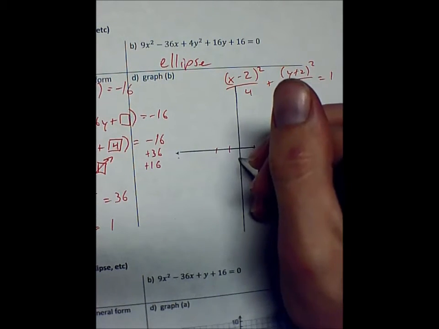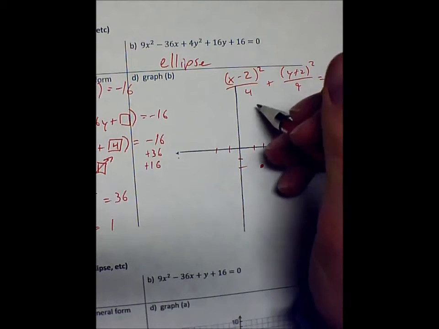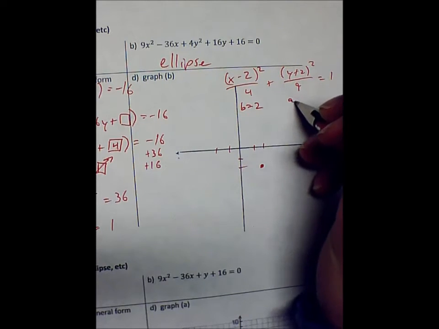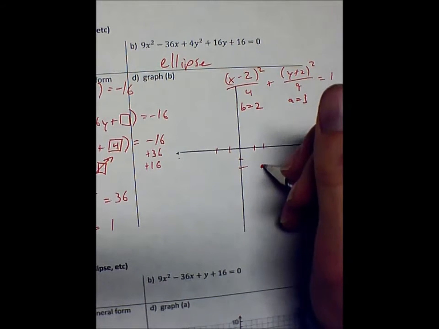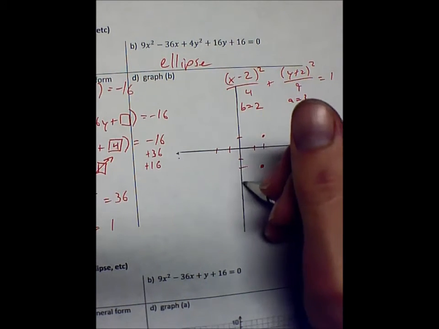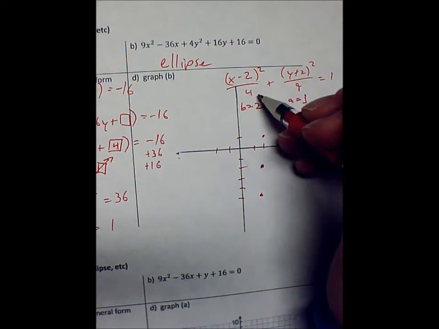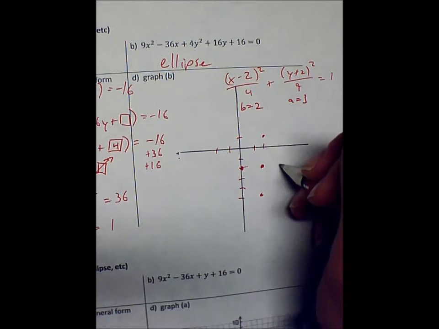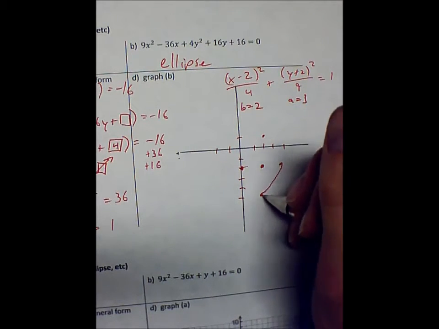So there's 2, negative 2. And then we're going to count up, we'll call that B and that A because 9 is bigger. So in the y direction, we're going to count up 3 and down 3. And in the x direction, we're going to count right and left 2. 2 that way, 2 that way, and there's my ellipse.